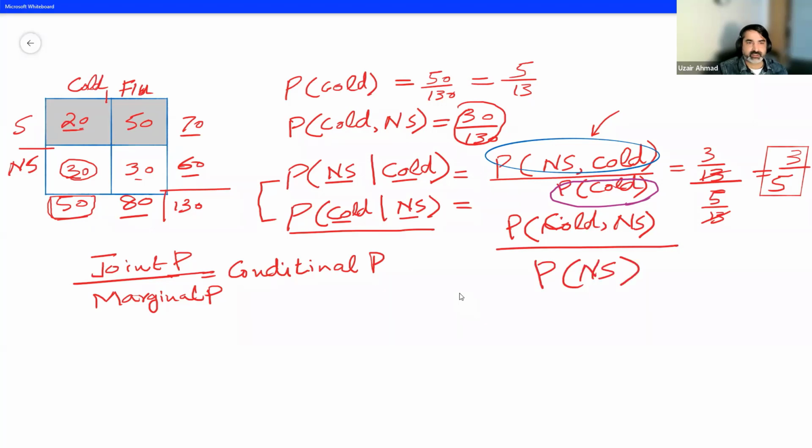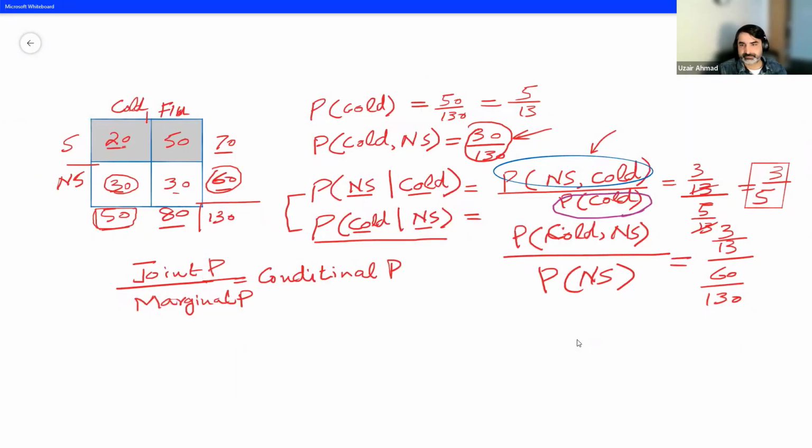So we will look at this marginal. The marginal for probability of not sneezing is 60 by 130, and probability of cold and not sneezing is 30 by 130, this one. And the answer is 3 by 6, which is 1 by 2.